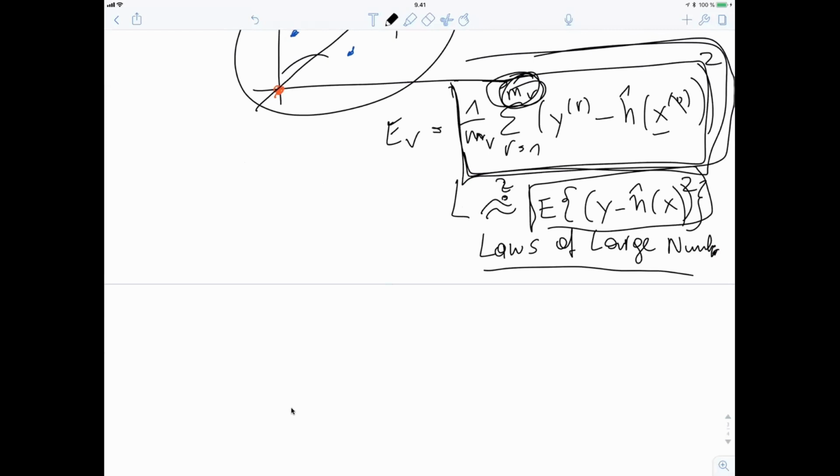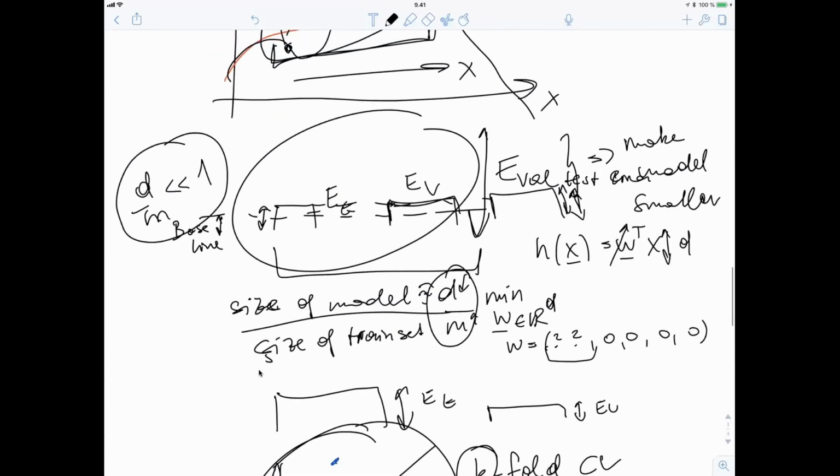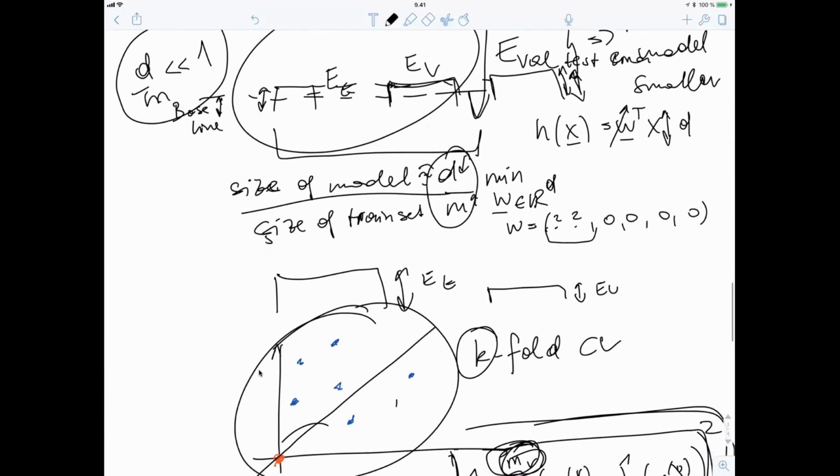Let's continue our review of the basic machine learning setting. Are there any questions at this point? Good. So we discussed training and validation and how to diagnose a machine learning method by comparing training and validation errors.